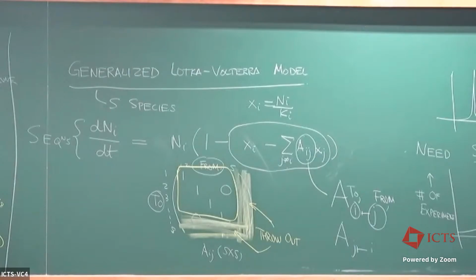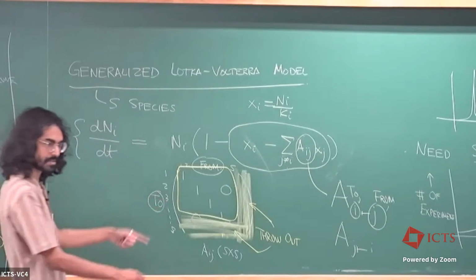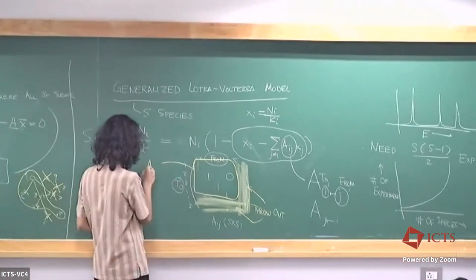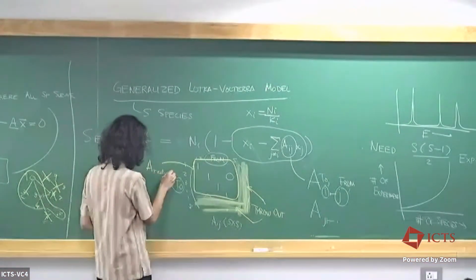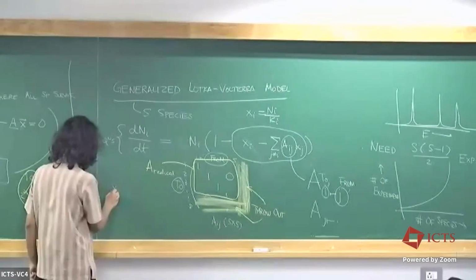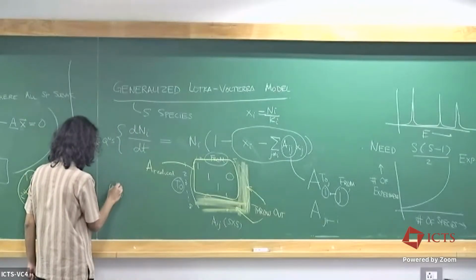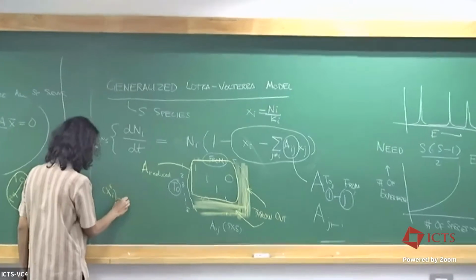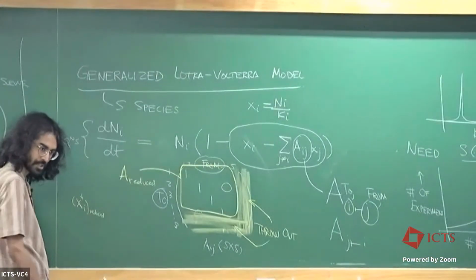You can first guess that all the species survive, find the fixed point vector, see that it's infeasible, take all of the species for which the xi's are negative, throw them out, take now the reduced matrix, which I can call A reduced, and find xi star reduced only for the set of species that you now have.